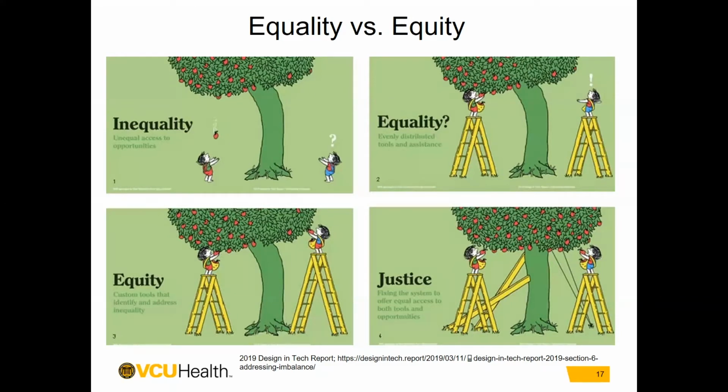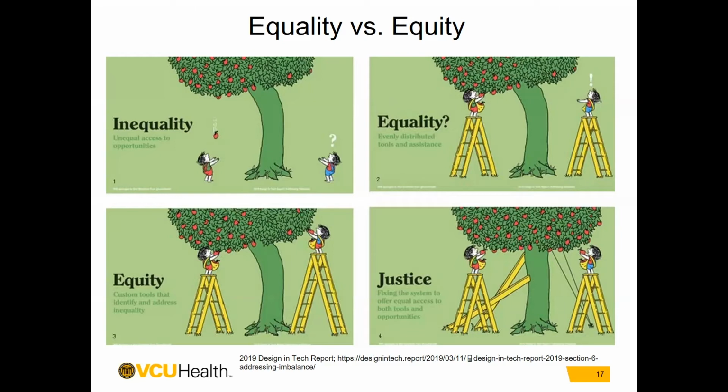And so it's my understanding that this slide was shown in a previous session, but I wanted to share it again just to put this conversation into perspective. And so this is an infographic that was actually developed by a Design and Tech Report last year to help to explain the differences between equality and equity, and then align it with the whole idea of justice.